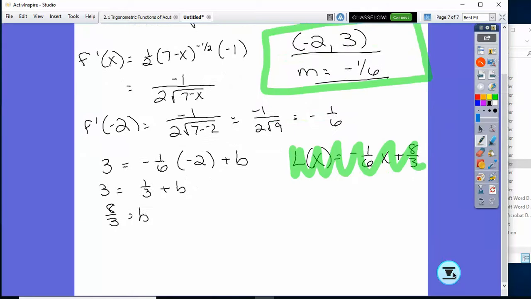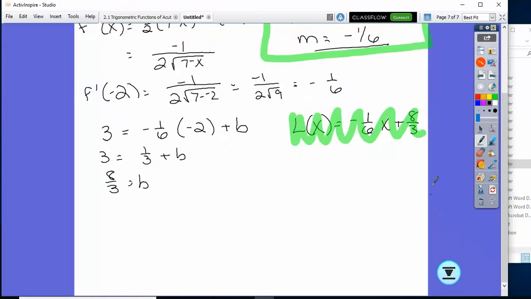I asked for the square root of 7.1, so we have to be careful. Am I just plugging a 7.1 in here? No, because the original was the square root of 7 minus x. So you need to find out what x has to be. In other words, 7 minus x has to equal 7.1. So in this instance, our x is -0.1.